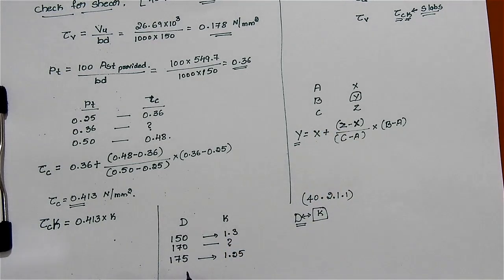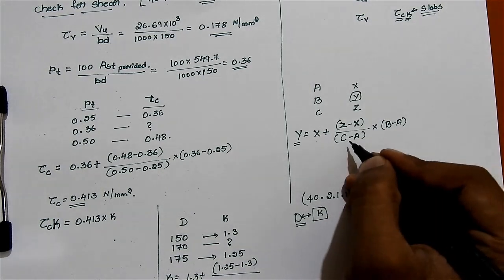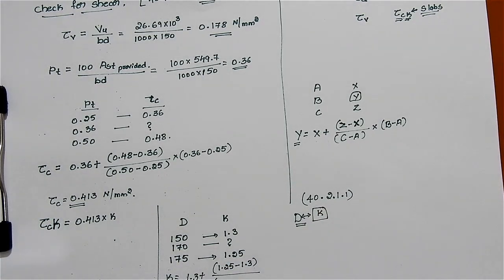So k is equal to X, 1.3, plus numerator Z minus X, 1.25 minus 1.3, divided by C minus A, that is 175 minus 150, into B minus A, which is 170 minus 150.